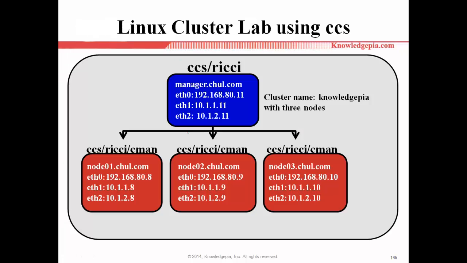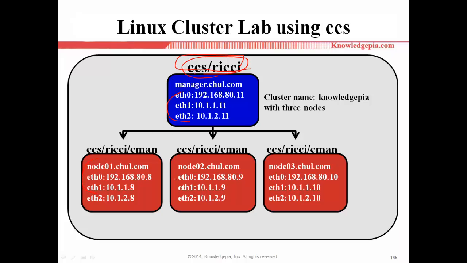In this video, I will use this map, the manager with this IP address. If the manager wants to join, then the manager also needs to install the packages ccs and ricci.